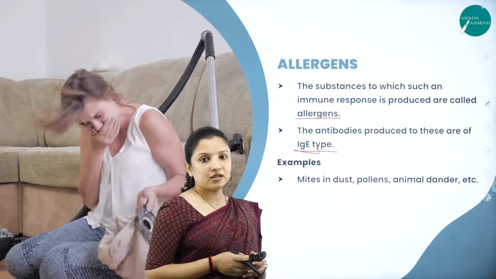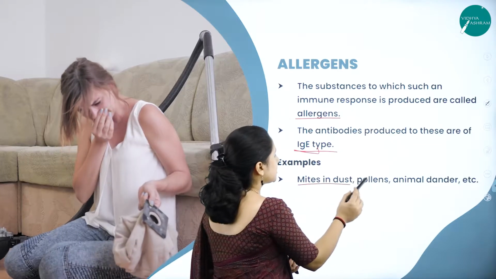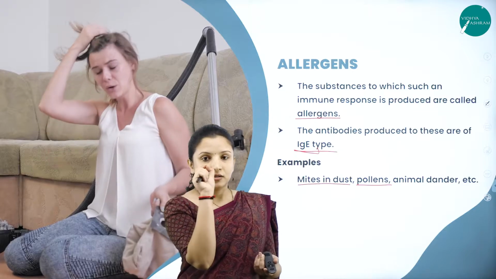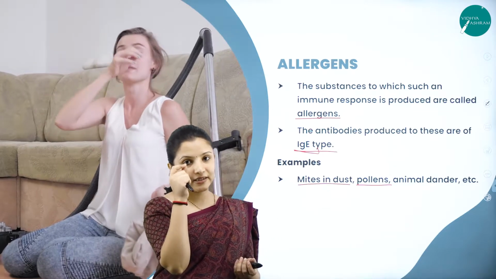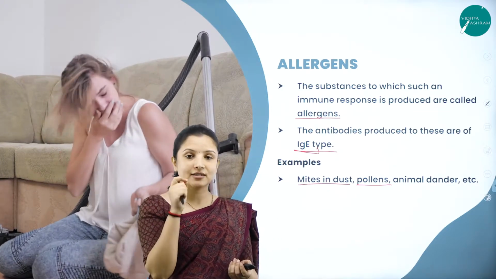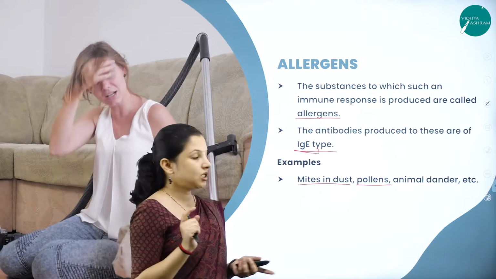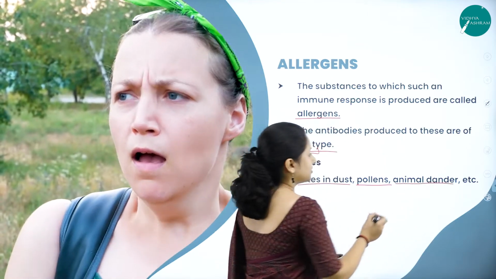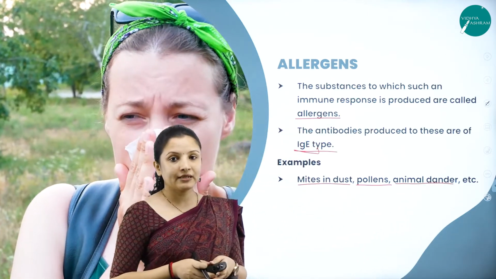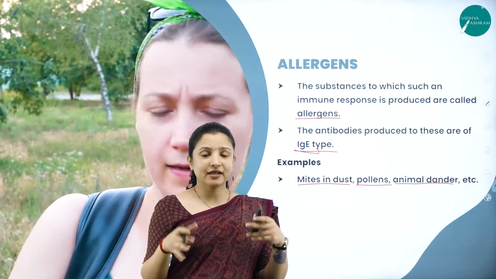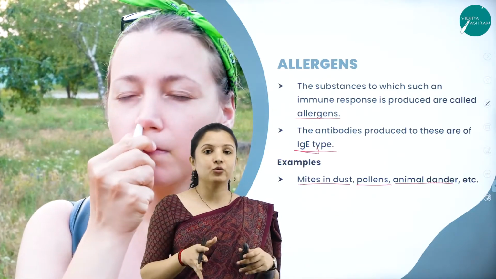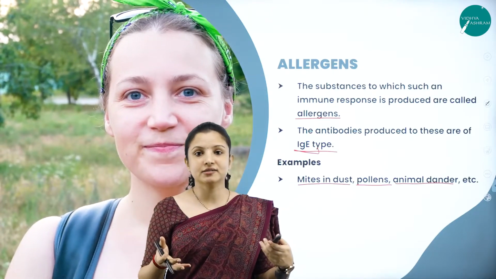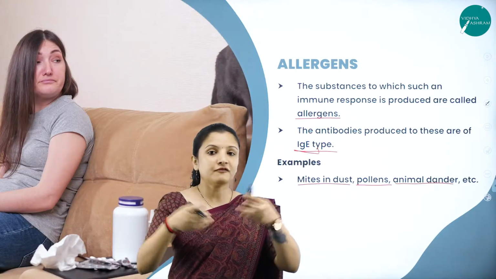Examples of allergens are mites in the dust, pollens, and the dander of animals. Mites are small creatures, not worm-like exactly, but like how lice are there in the head. Just like that, mites will be present in the dust. Animals, to clean themselves, shake their coat, and when they do that, the dander, the dry skin, dust particles and fur fly here and there.